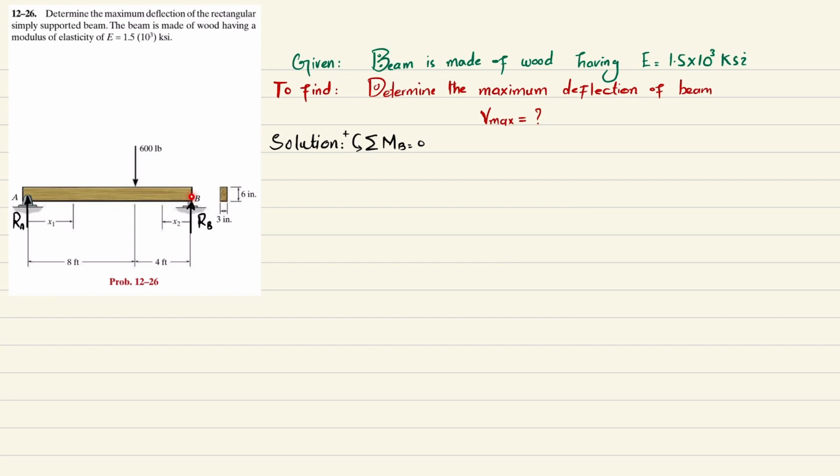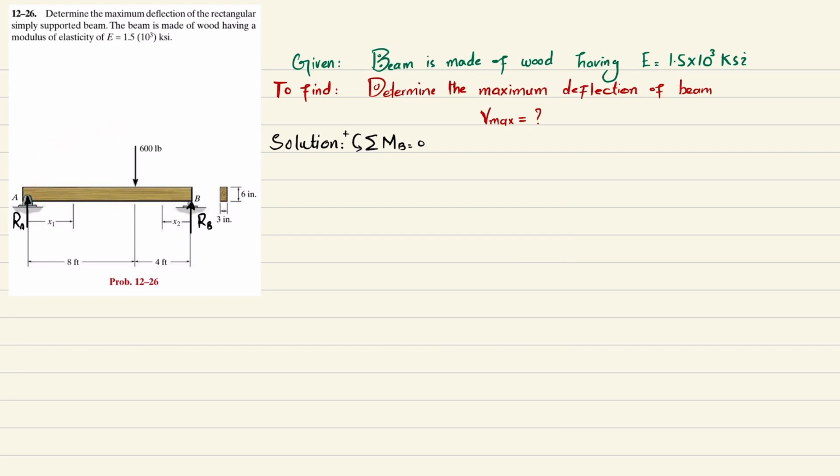So at point B, the first moment is 600 and the perpendicular distance is 4, and that is counterclockwise, so it will be positive. The other moment is RA, with perpendicular distance 12 feet, and it is producing clockwise, so it will be negative.